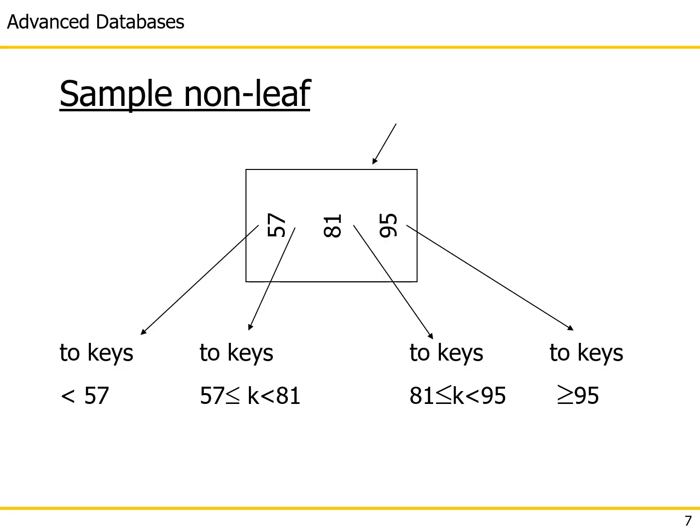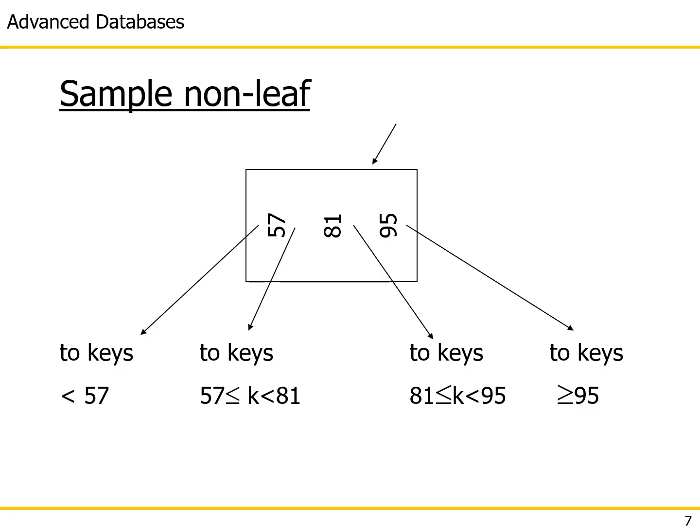The arrow to the left of the value will always take you to values that are less than that value. And the arrow that is to the right of a value will always take you to values that are greater than that value, or equal to it. And that's bounded by the next value in the node, if there is one.